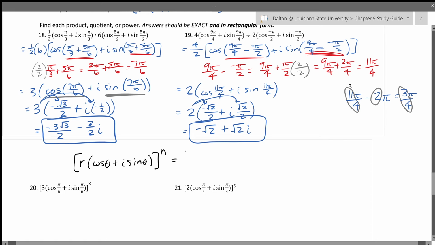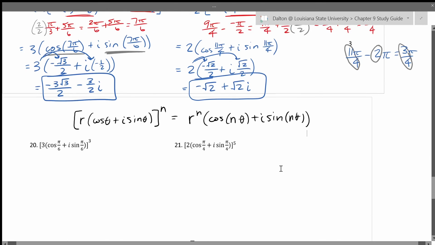De Moivre's theorem says can be rewritten as r to the n power times the cosine of n times theta plus i times the sine of n times theta. I guess I didn't need these outside brackets, actually. Okay, so that n applies to it in those three places.